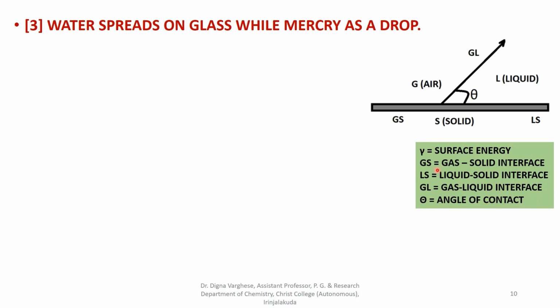GS represents the gas solid interface, LS represents the liquid solid interface, GL represents the gas liquid interface, and theta is the angle of contact. And gamma represents the surface energy that is acting here.